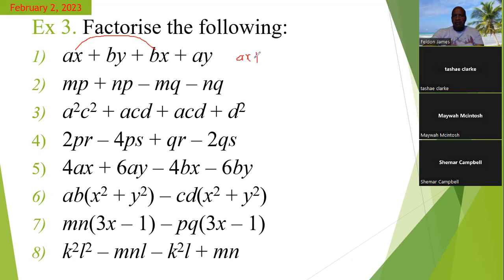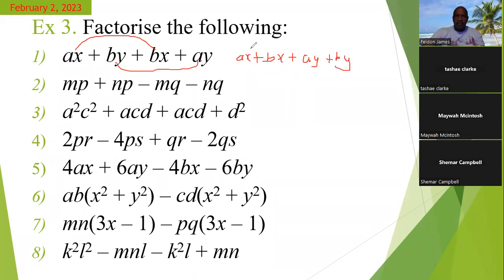So AX plus BX, then now we would group AY with BY, so plus AY with BY.